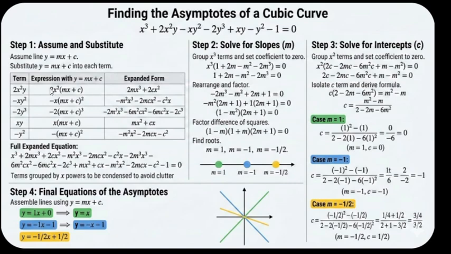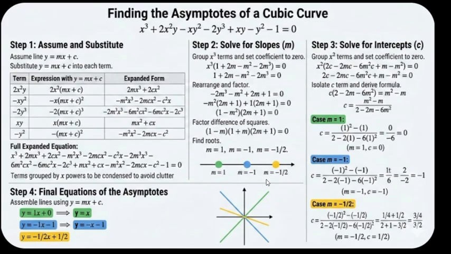Therefore, first after substituting y equal to mx plus c, group the x cube terms and set the highest degree coefficient equal to 0. After rearranging, if you take m cube common here and one common here, you get three roots: m is equal to 1, m is equal to minus 1, and minus 1 by 2.